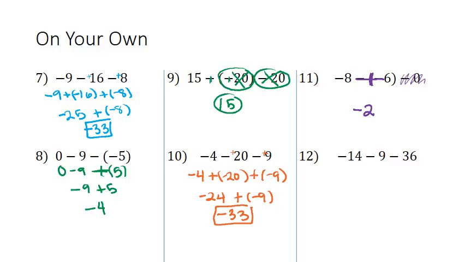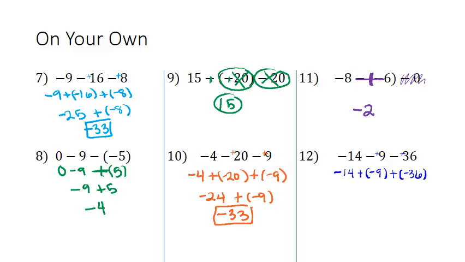And finally here on this 12, we can say negative 14 minus 9 minus 36. Again, subtracting this positive number here and subtracting this positive number here. So we can say negative 14 plus negative 9 plus negative 36 is going to be the same as negative 14 minus 9 minus 36.